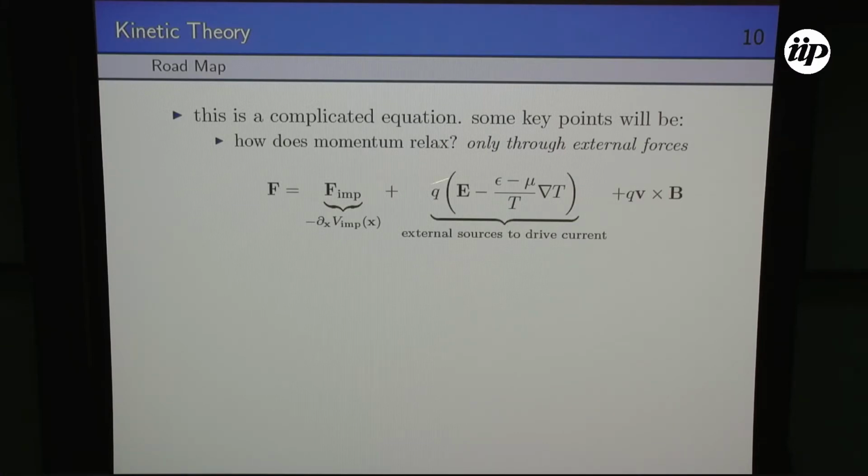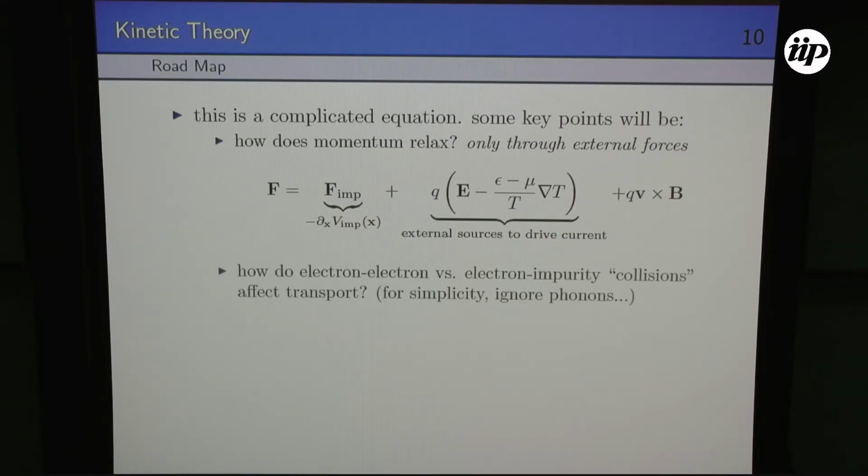I can add electric fields and temperature gradients. This is one way that I can dump momentum into the system. And I can also break translation invariance with an inhomogeneous chemical potential. So we'll have to account for this term carefully if we want to properly compute the conductivity.